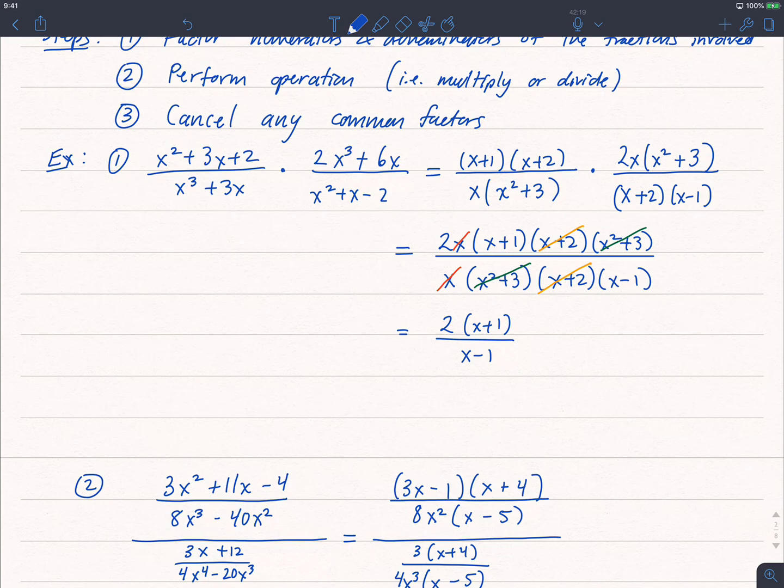Now, I will point out, if we look at number 1, when we go to multiply these two expressions, we could have multiplied the polynomials as is, meaning we could have left it unfactored and multiplied x squared plus 3x plus 2 times 2x cubed plus 6x.